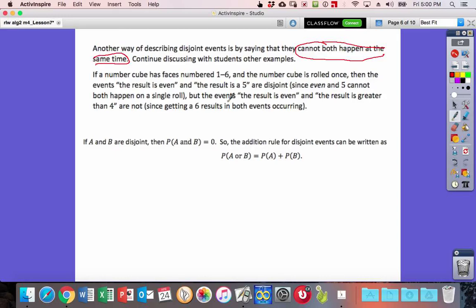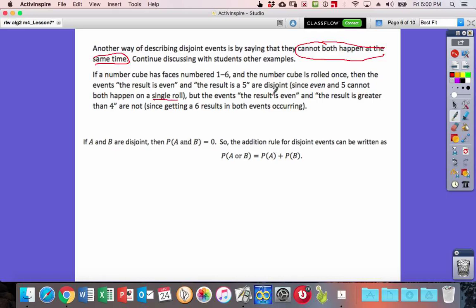Here's one. If a number cube has faces numbered 1 through 6, and the number cube is rolled once, then the results is even, and the results is 5 are disjoint, since you cannot be even and a 5 on a single roll.